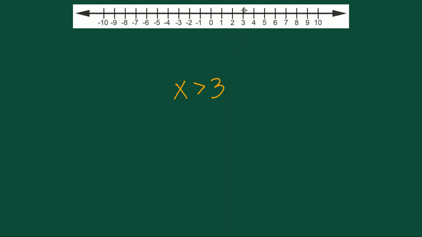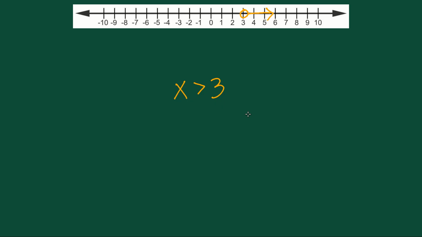We would still draw a circle, but this time, since we have greater than, it's like an arrow pointing to the right, we are going to draw a line with an arrow pointing right. Greater than points to the right. This right here, a circle with an arrow pointing right at 3, this is the graph for this inequality.